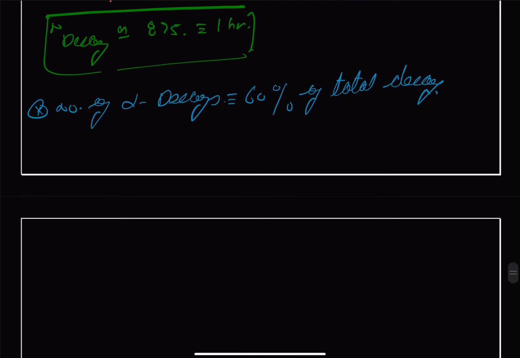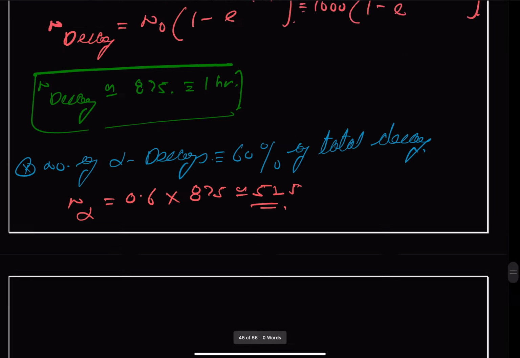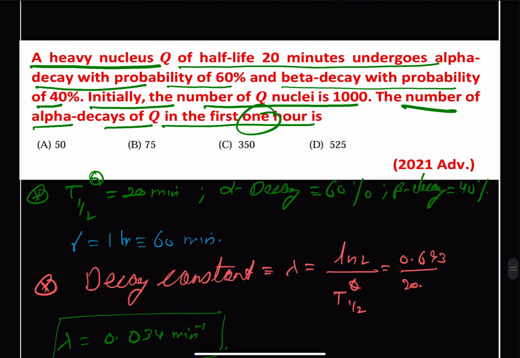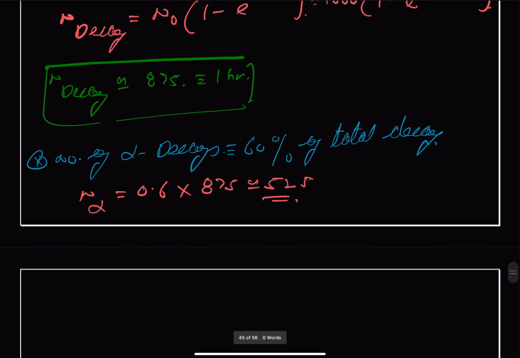And from here we get the number of alpha decays is equal to 0.6 multiplied by 875, approximately equal to 525. So therefore option D is correct.